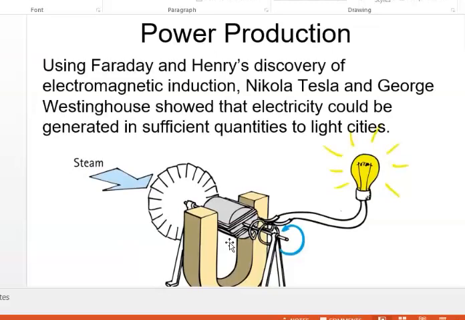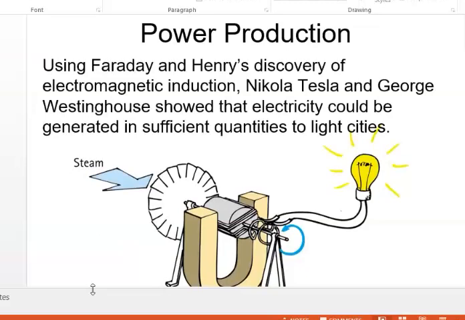That means in order to light the cities, we can generate electricity with the help of energy contained in moving air, that is wind, and it's called power generated from wind.